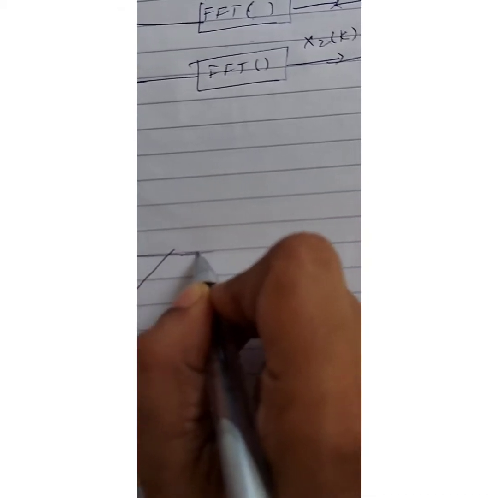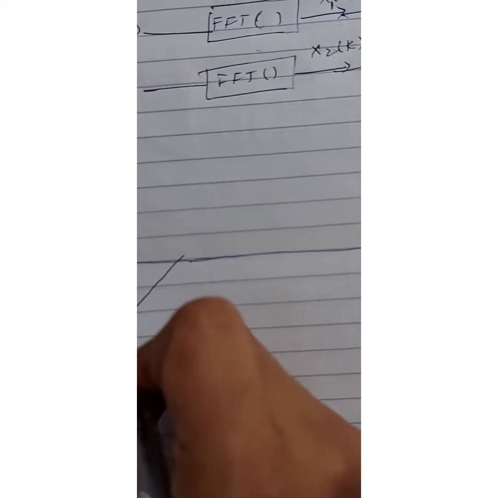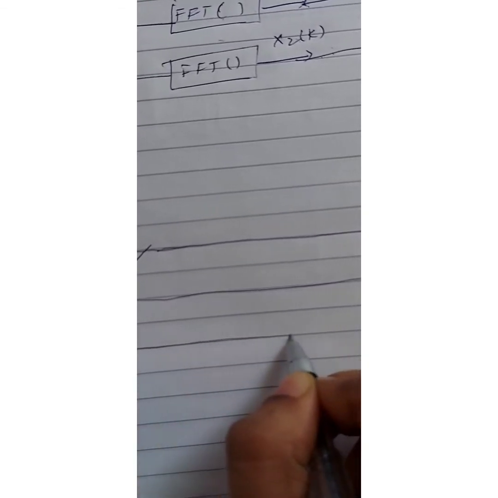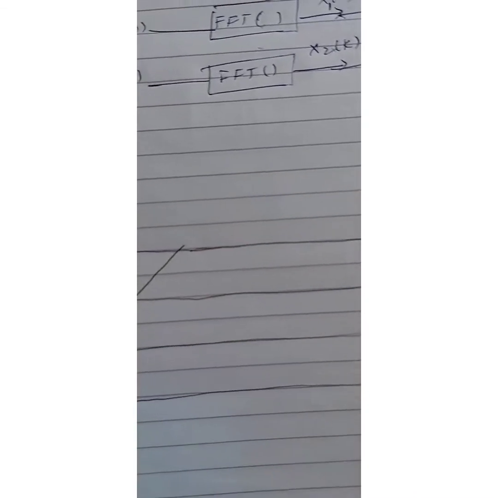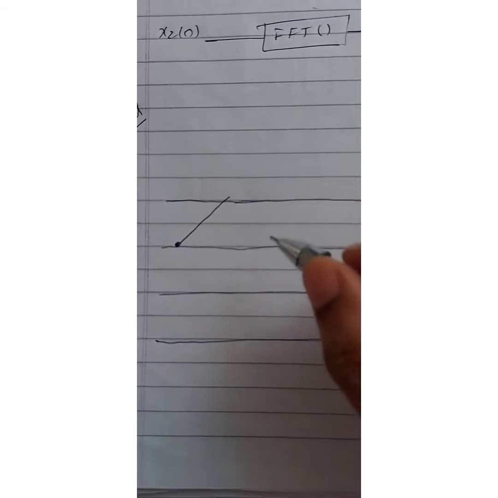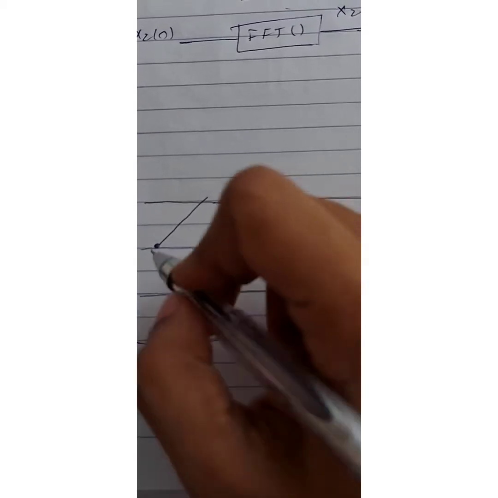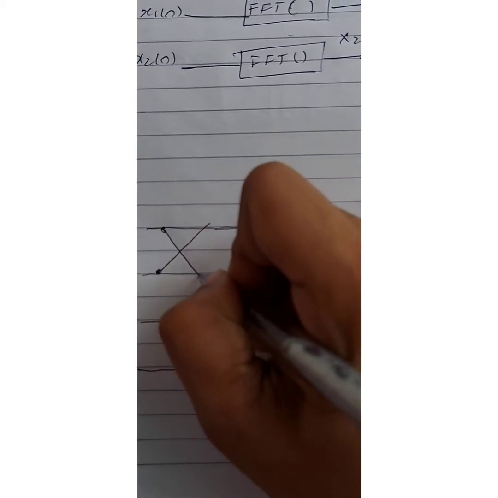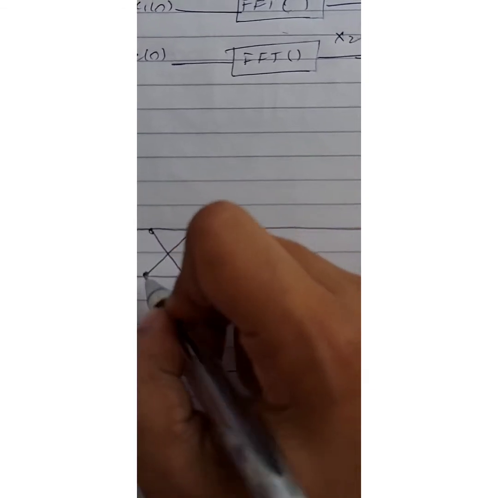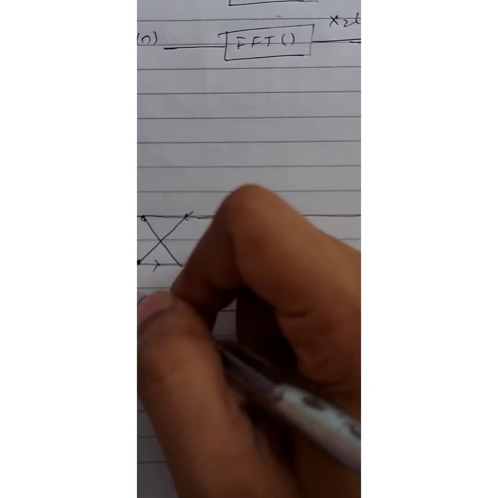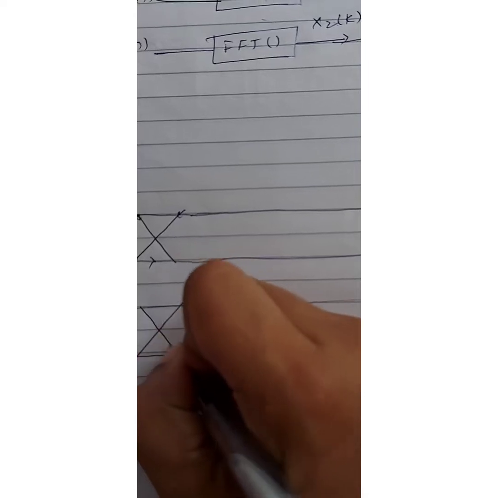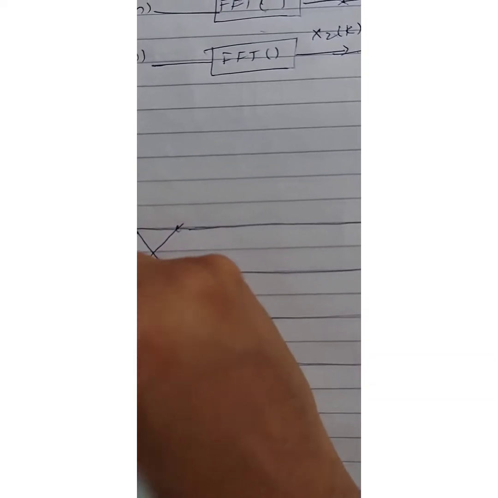Since the lines are already there, I took a ruled sheet because of that. It's easier to show you, and it's just 4 points. So draw your 2-point butterfly structure first. The twiddle factor you're going to use is W4.